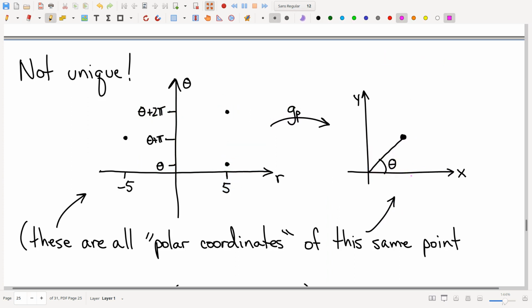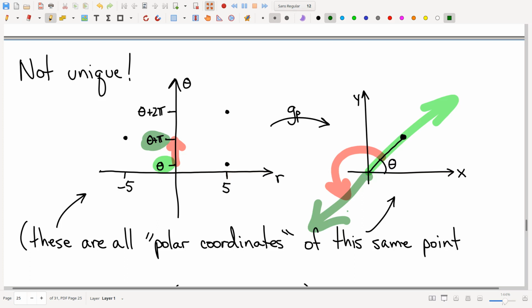Okay, it gets even worse. What if instead of 2 pi, you just add 1 pi? Notice that will take the direction you had been pointing, theta, and will then get you to, well, the exact wrong direction. And now, looking at this dark green direction here, right? Can I go in that dark green direction and get to this point? Well, keep in mind, r does not have to be positive.